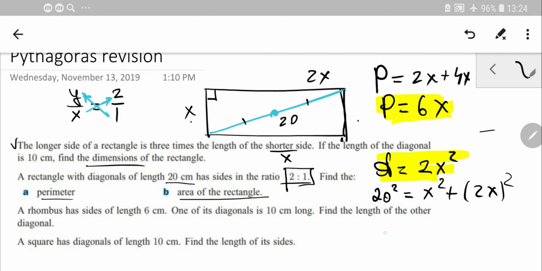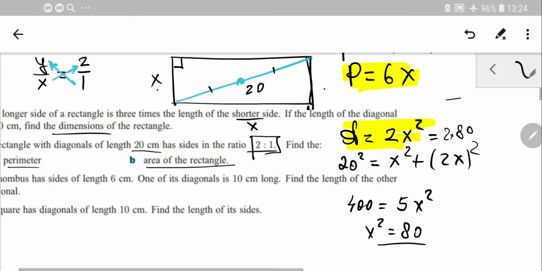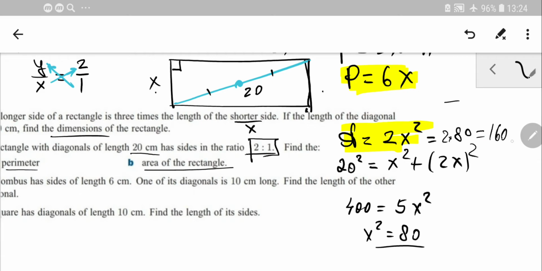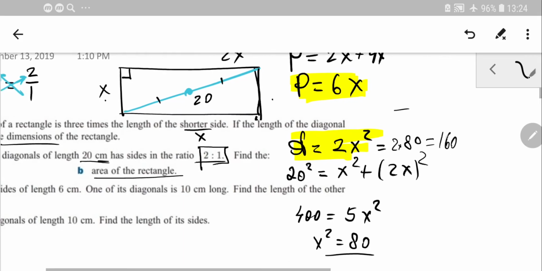So we'll get 400 equals 5x squared, that means x squared equals 80. For the area, we just need x squared, so I just plug 80 instead of x squared. We'll get 2 times 80, which is 160. So what about units? Centimeters, so centimeters squared, okay?